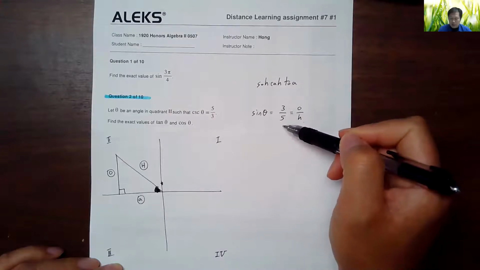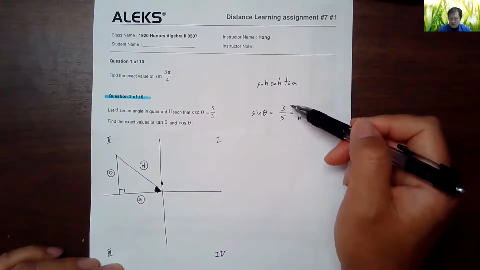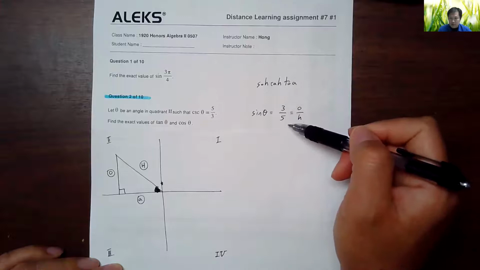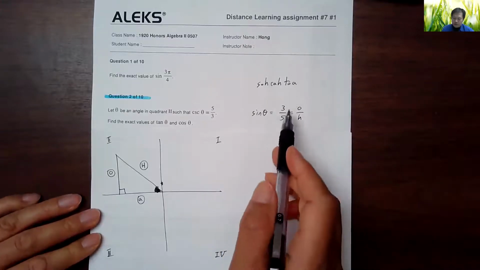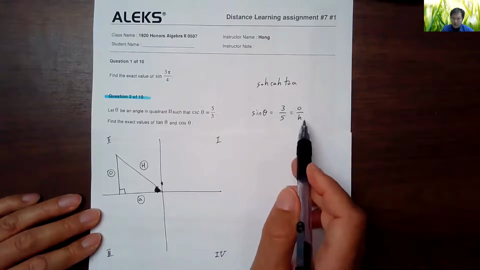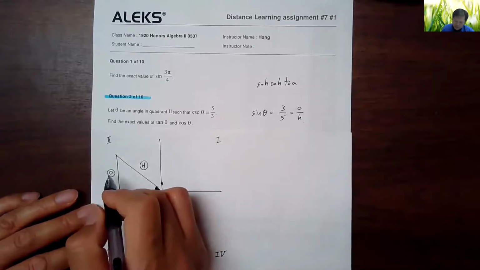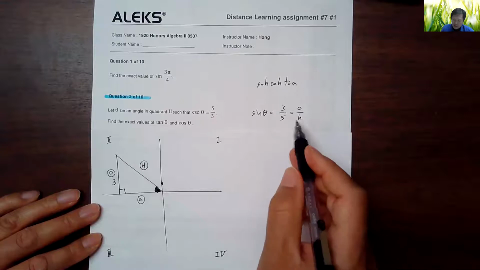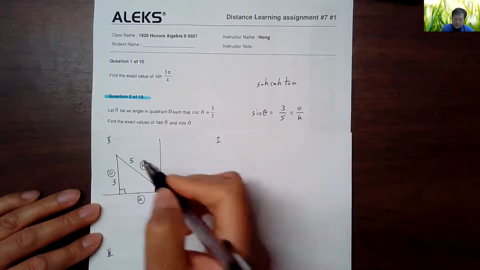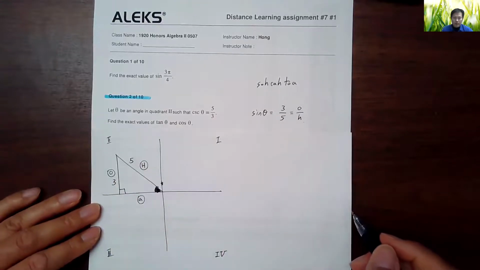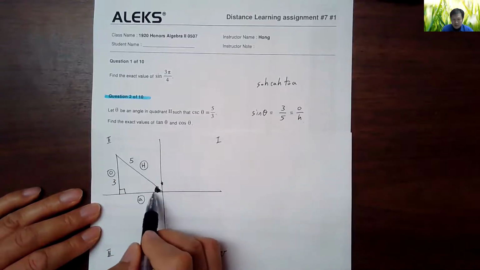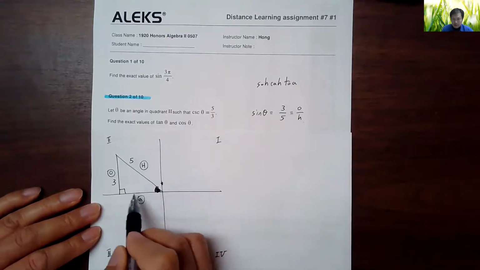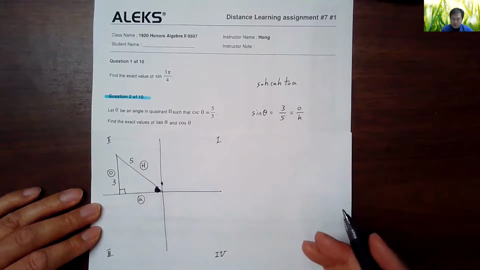What does that mean? It could be 6/10, it could be 9/15. For this ratio question, it's okay for you to assume 3 and 5 as the lengths of O and H. O is 3, 5 is H. So you will need to calculate the missing adjacent length using the Pythagorean theorem.